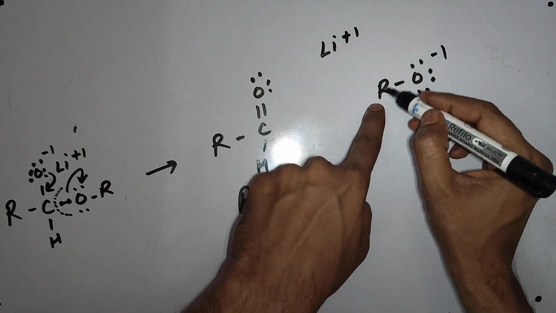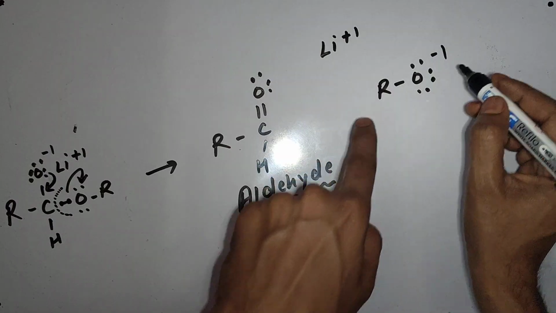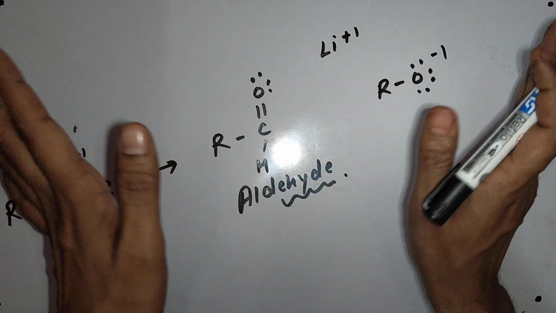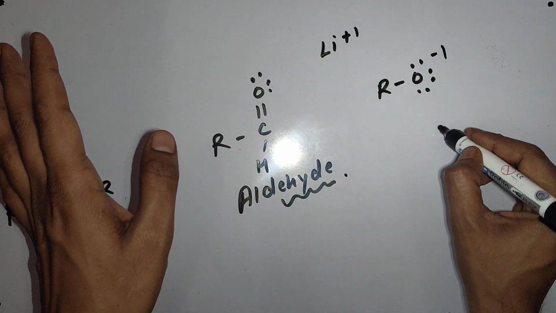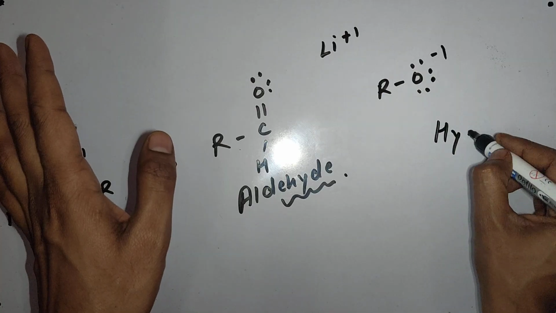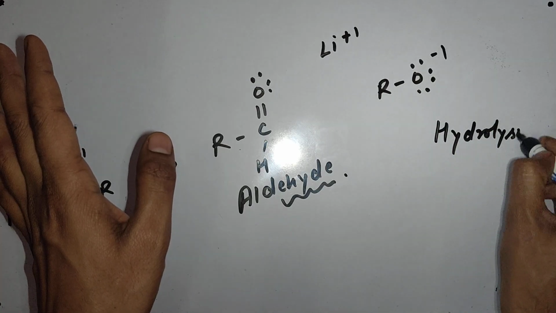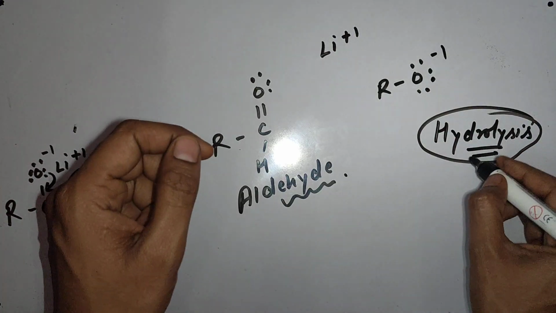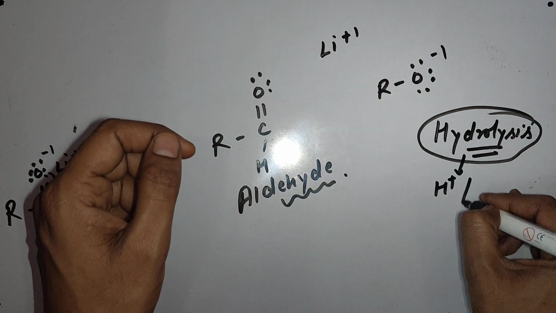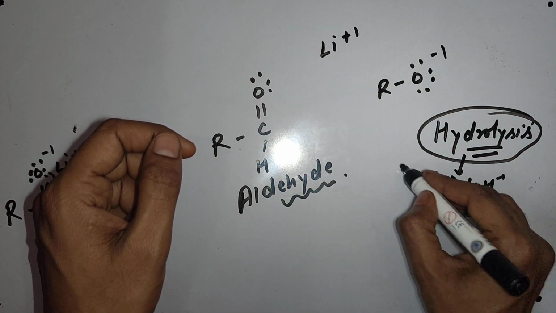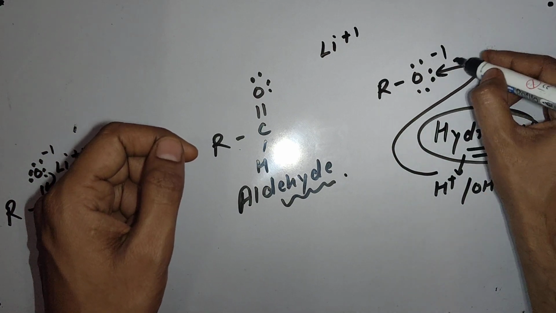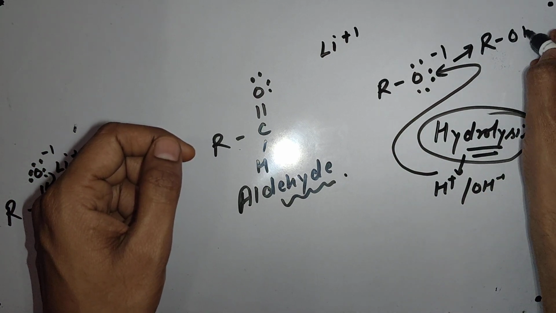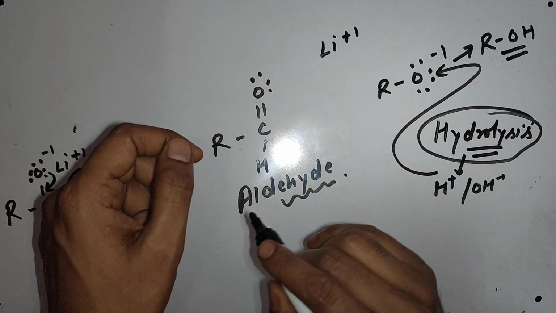Now what about this RO negative? After applying lithium aluminium hydride, one more process we need to apply is hydrolysis. We know what hydrolysis is: H positive and OH negative particles are there. So H will satisfy this, and this part will become ROH like this.